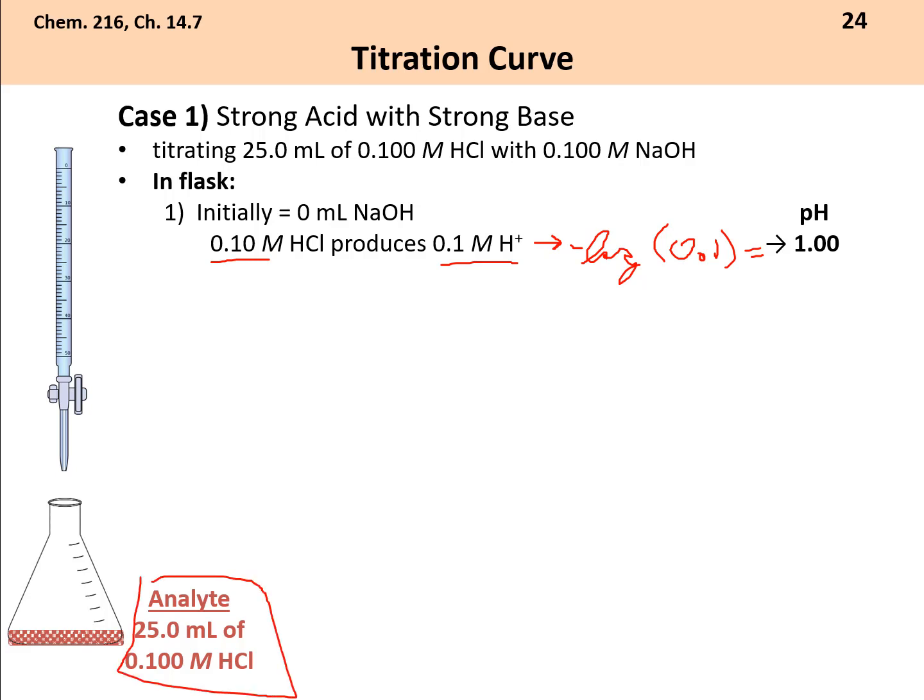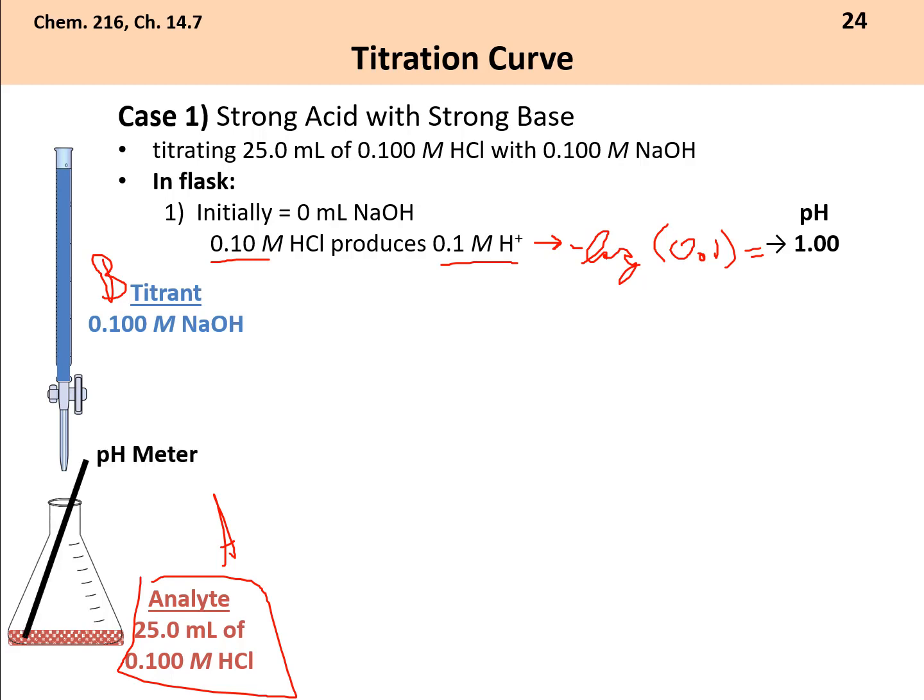Okay, what am I going to add to it? I'm going to add in my titrant. Okay, so I'll fill this up with my NaOH. Okay, in this case, I'm adding base to acid. Okay, now I'm going to slowly add this in, and every once in a while figure out the pH. Okay. I can have a pH meter in here.